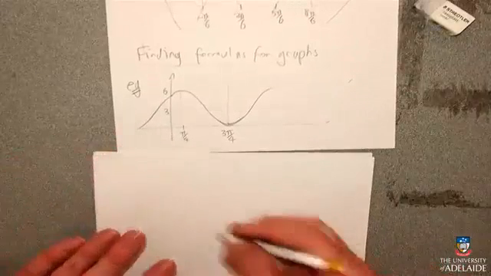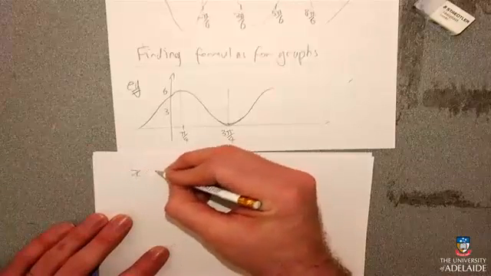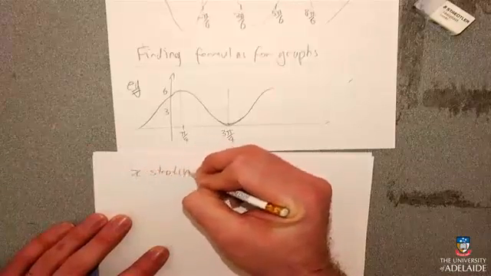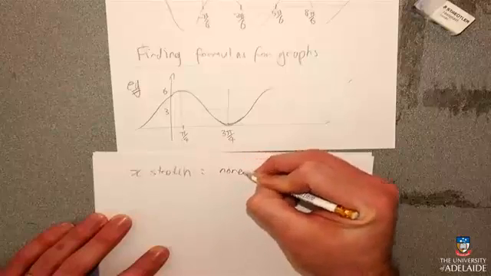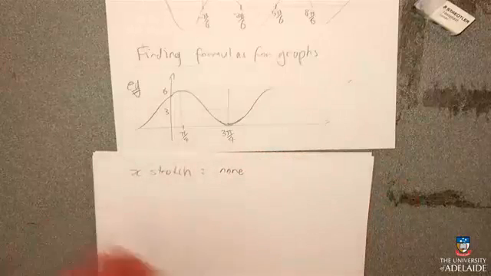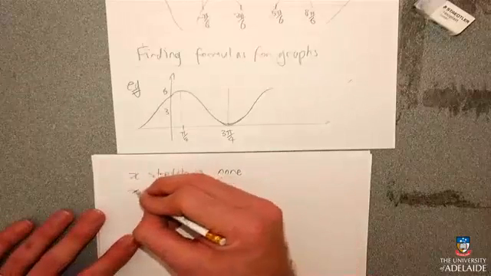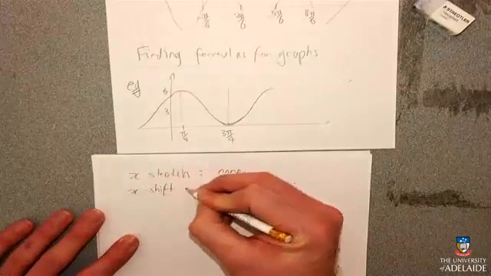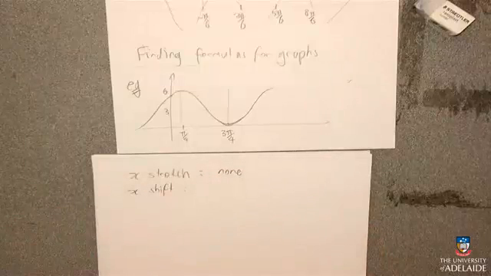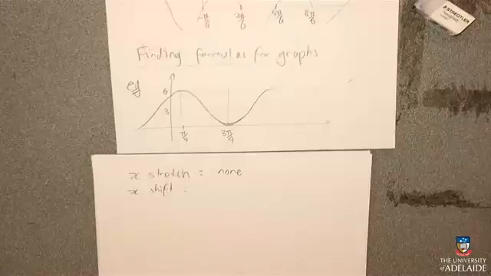Okay, so in terms of my x-axis, I haven't done any stretching or shrinking at all. My x shifting looks like it's shifted forward pi on 4. The graph has moved there.